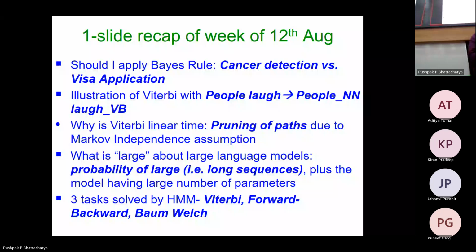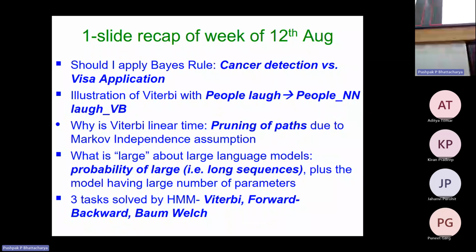When we have people laugh, the two partial paths possible at the first stage are noun and verb, because people can be both noun and verb. Going further from noun, we produce noun and verb again, looking at laugh, and similarly from the verb. So we have paths which end in the same state, and out of those paths, only one path is retained. That is the pruning of paths.